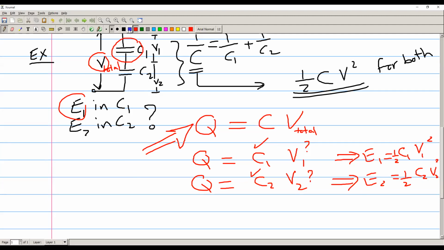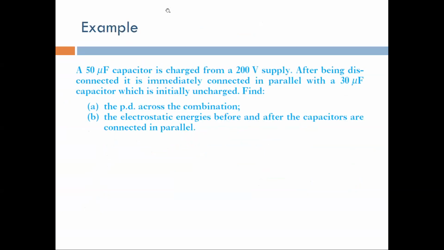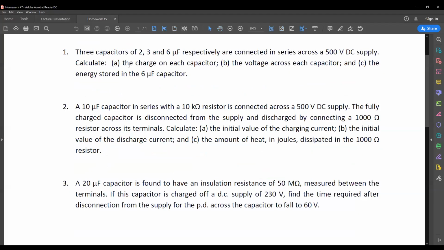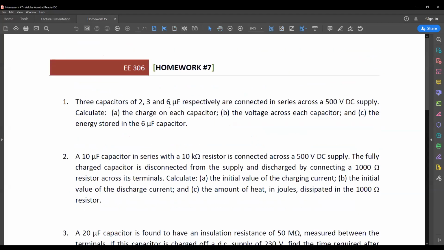What you're going to see in the homework is that you will have 3 capacitors. Let me show you the homework problem. In the first problem you have 3 capacitors of 2, 3, and 6. You're asked to compute the charge first, and the voltage across each one of them, and the energy stored in the 6 microfarad capacitor, one particular capacitor.